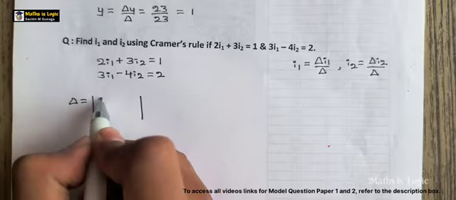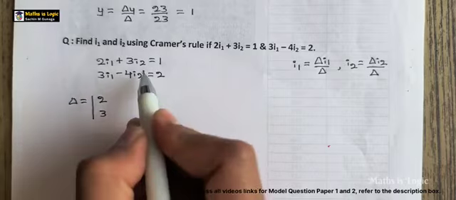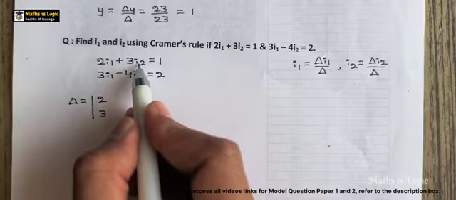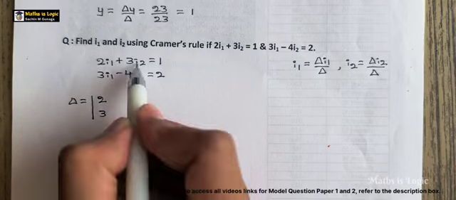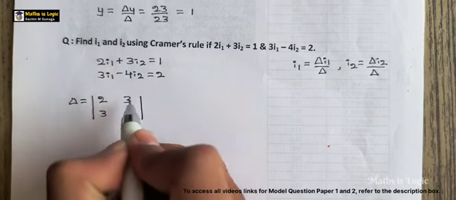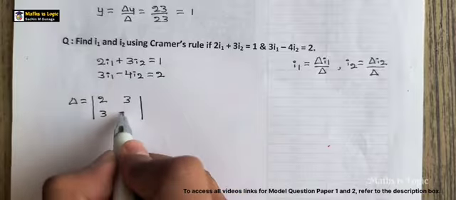I1 coefficient is 2 and here I1 coefficient is 3. Next, take the coefficient of I2 in equation number 1 and equation number 2. I2 coefficient is 3, that is plus 3, and I2 coefficient is minus 4.